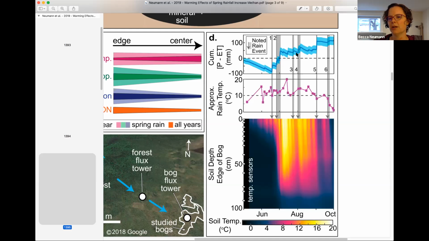It's only after the ET demands of the forest have been met that we start to see these temperature responses associated with these rainfalls.